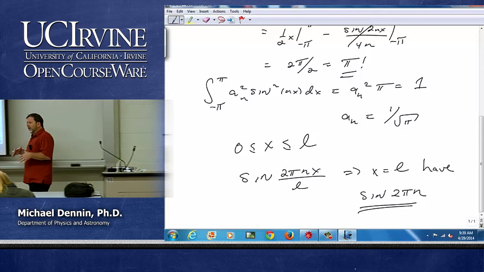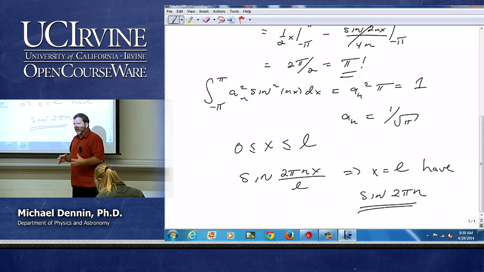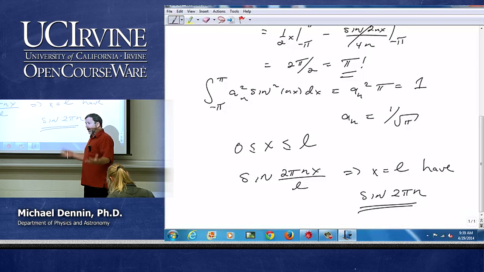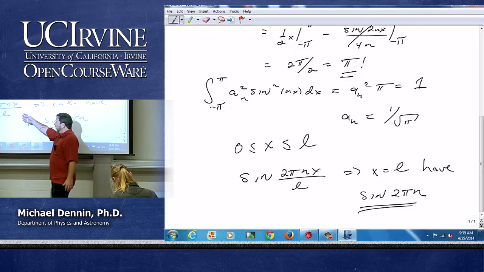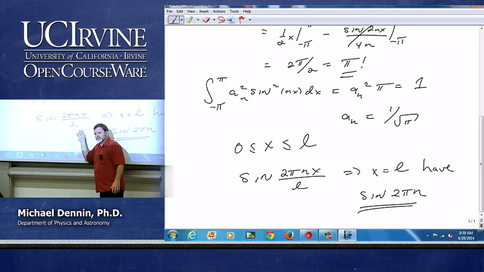So that's why, if I keep in mind that this is a linear vector space, and that's what I'm using as the eigenvectors, I don't actually have to worry too much about memorizing all these different cases. I don't have to memorize minus pi to pi, separately from 0 to 2 pi, separately from 0 to L, separately from minus L to L. They're all the same, and I just know I need to create the sine function that is periodic on that range.